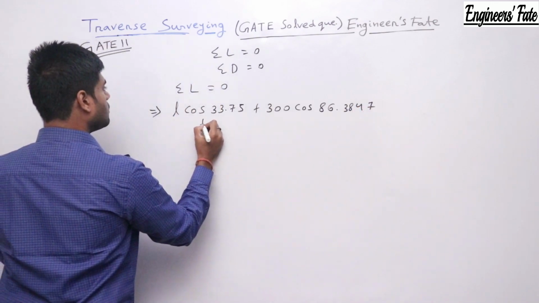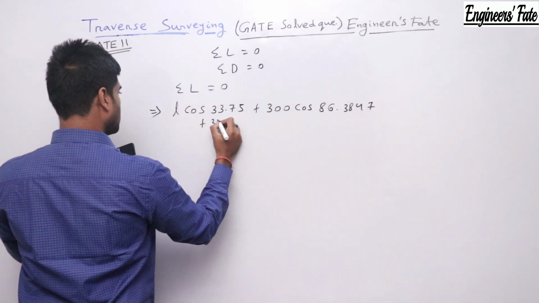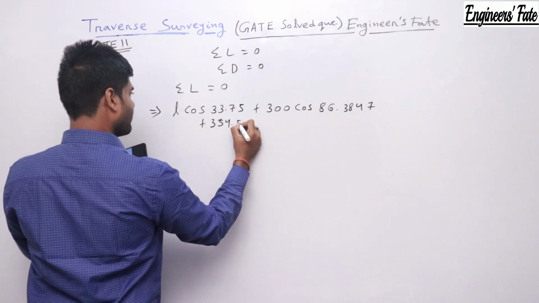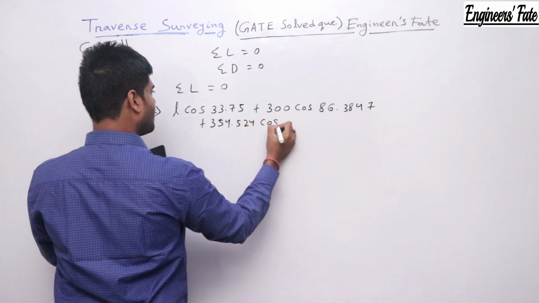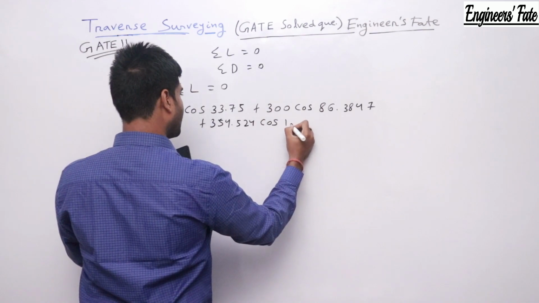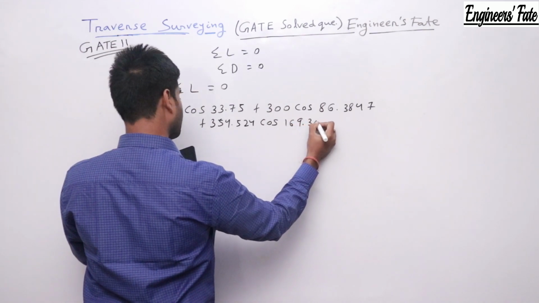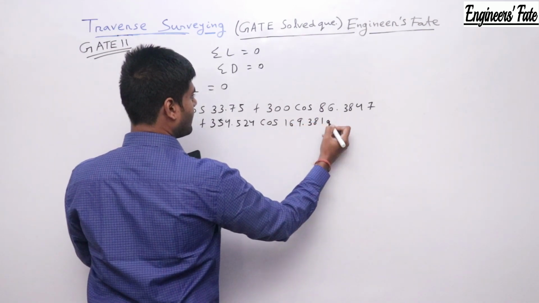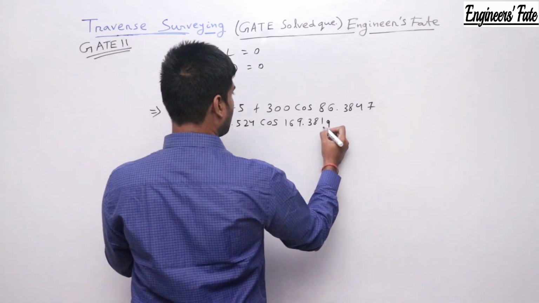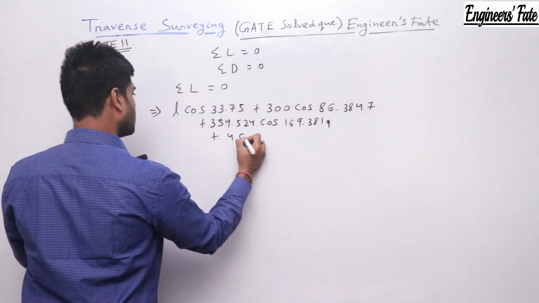I hope you have watched that. So let me add all those things. Summation of latitude equal to 0. This is just a calculation part. In GATE also sometimes this kind of question came, where there are a lot of calculations, but the concept is easy.